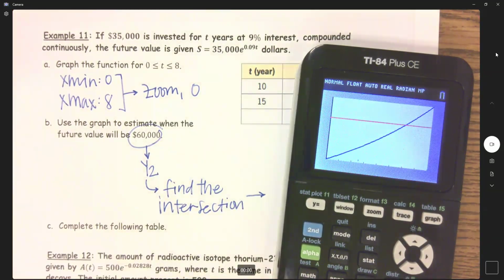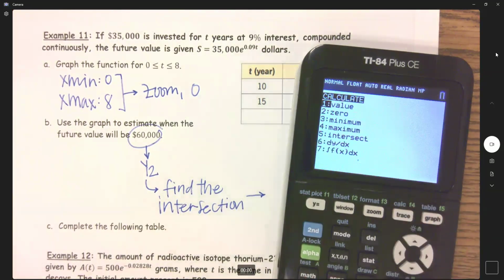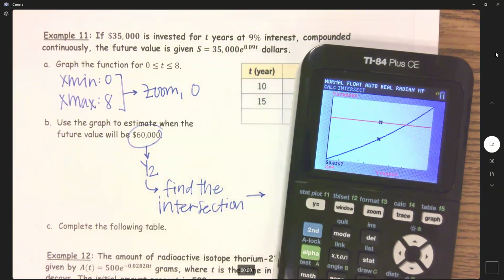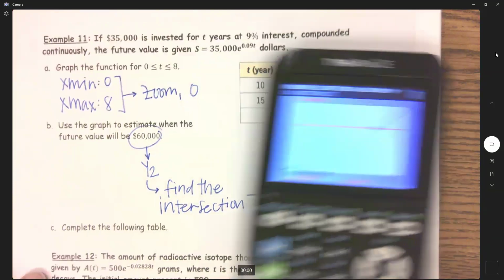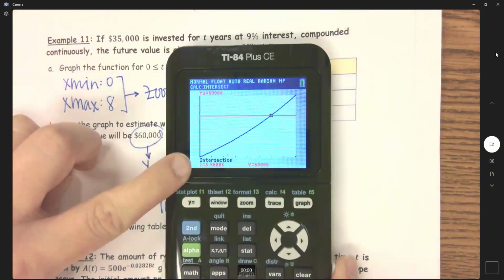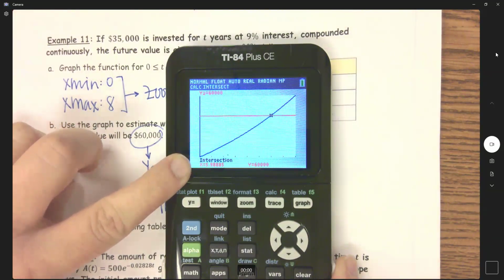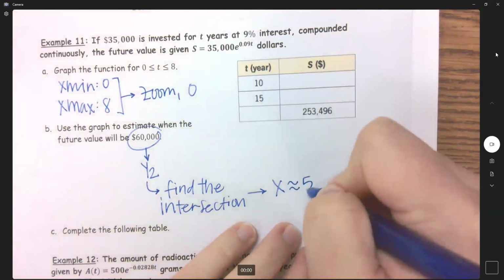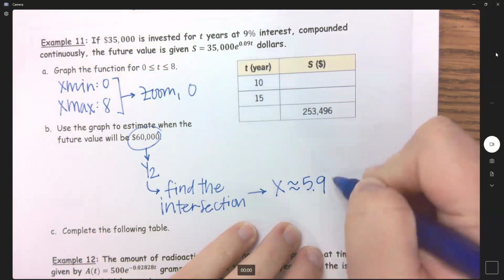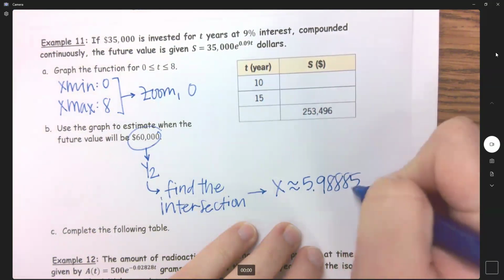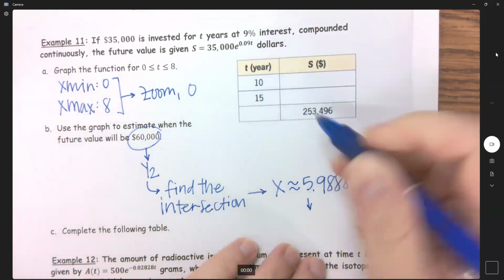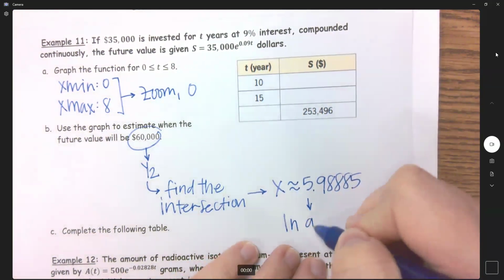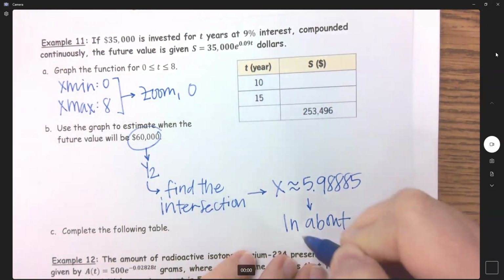I can see the intersection on my graph, so perfect. So we'll go to calc, second calc, number 5, and then enter, enter, enter. And we are at 5.98885, which means that we're in about 6 years.